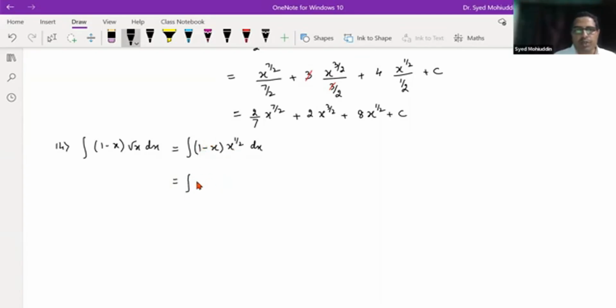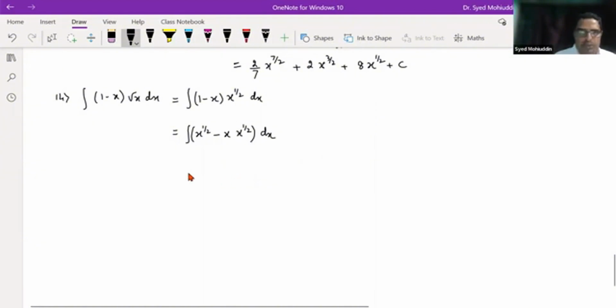So 1 into x power of half will be x power of half, minus, again it is x into x power of half, times dx. This will be equal to, you can further simplify, x power of half minus, now this represents x power of 1, so it is x.